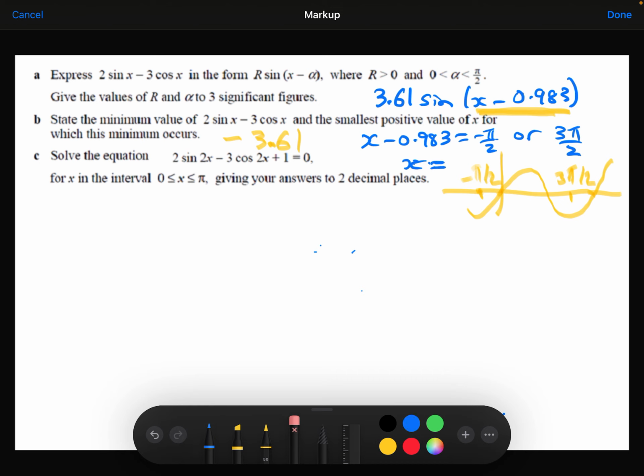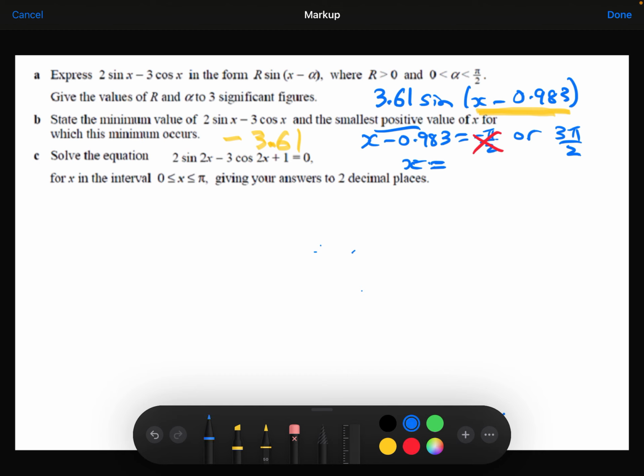If I now add the 0.983 to both of those, the minus pi over 2 plus 0.983 gives a negative answer, not positive, so I know it's not going to be that. So I'm going to ignore that.